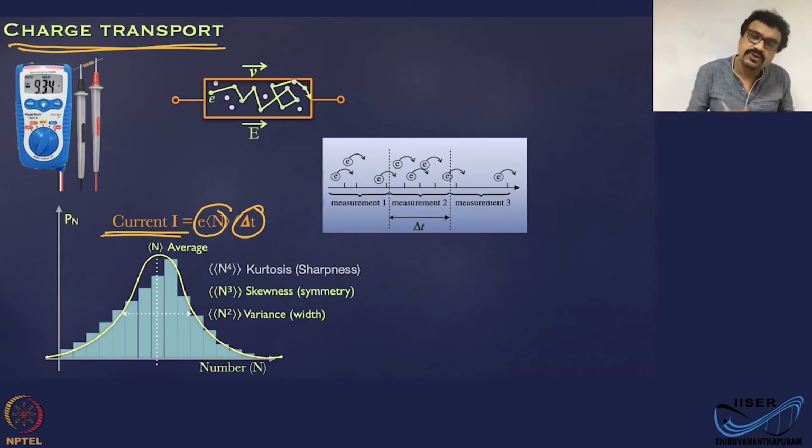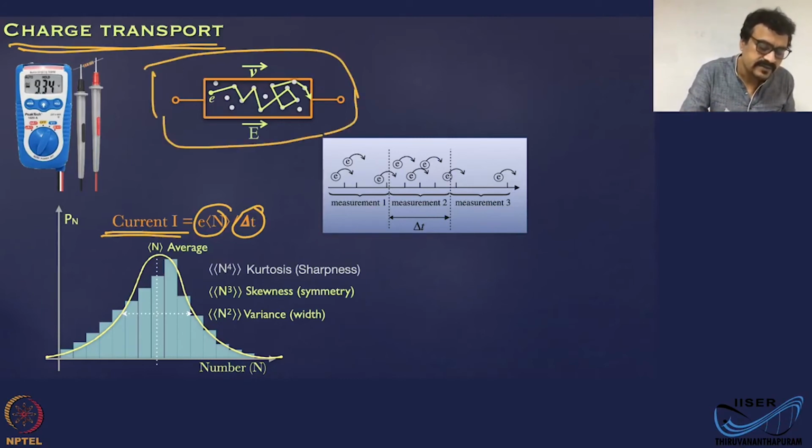And when they go through something like a classical device, for example, a resistor, there is statistics playing there. So what you are saying here is, at every time interval delta t, there are a certain number of electrons going through the system.